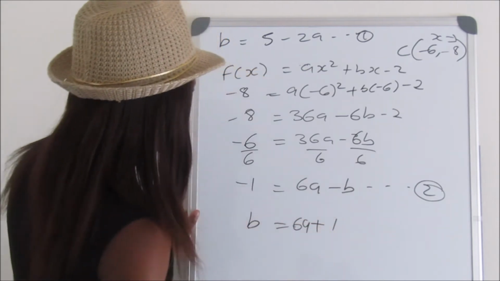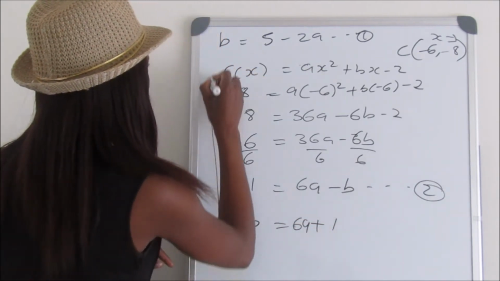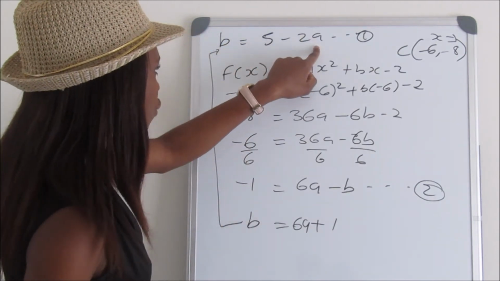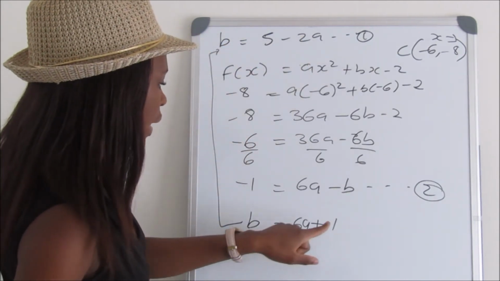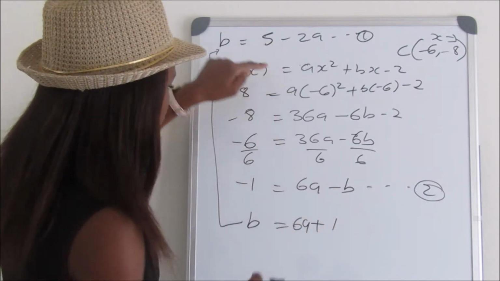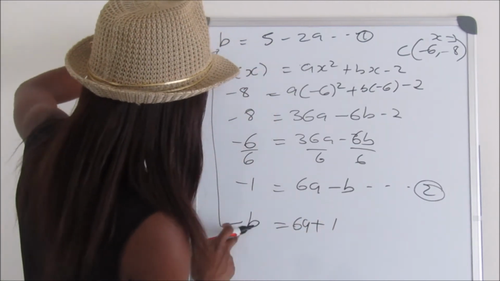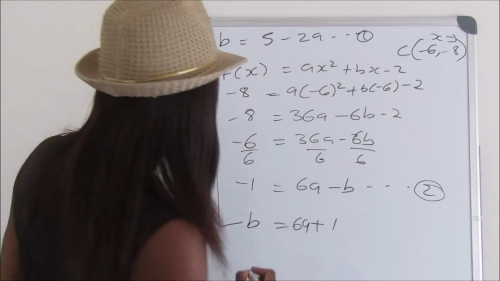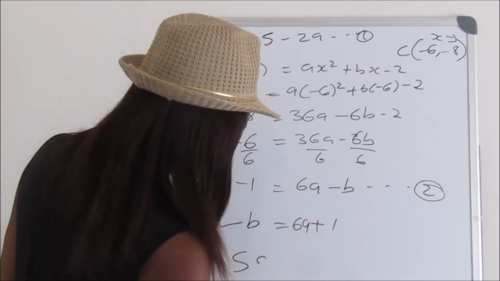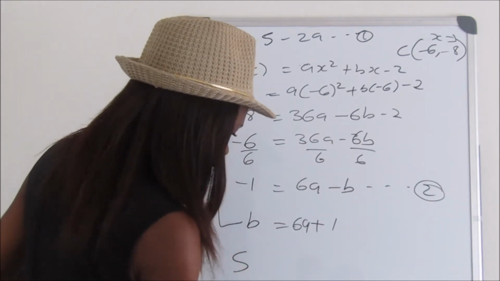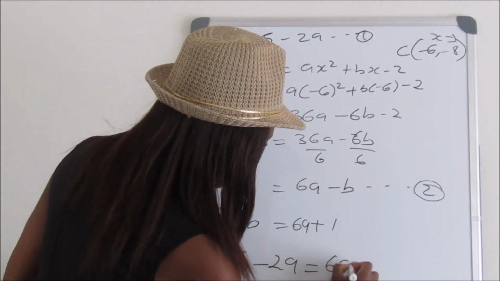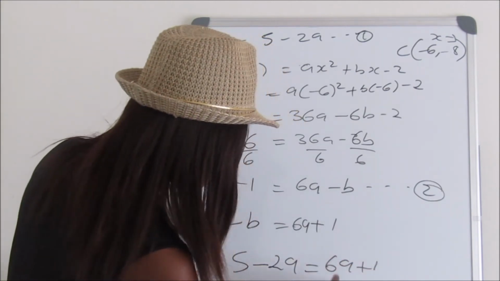Now we have two equations: b = 5 - 2a, and b = 6a + 1. We can equate them, so 5 - 2a = 6a + 1.